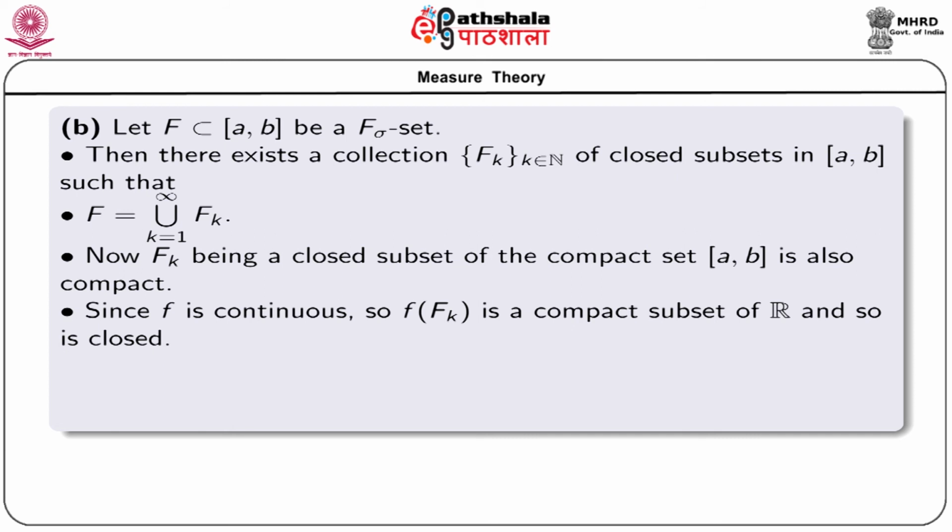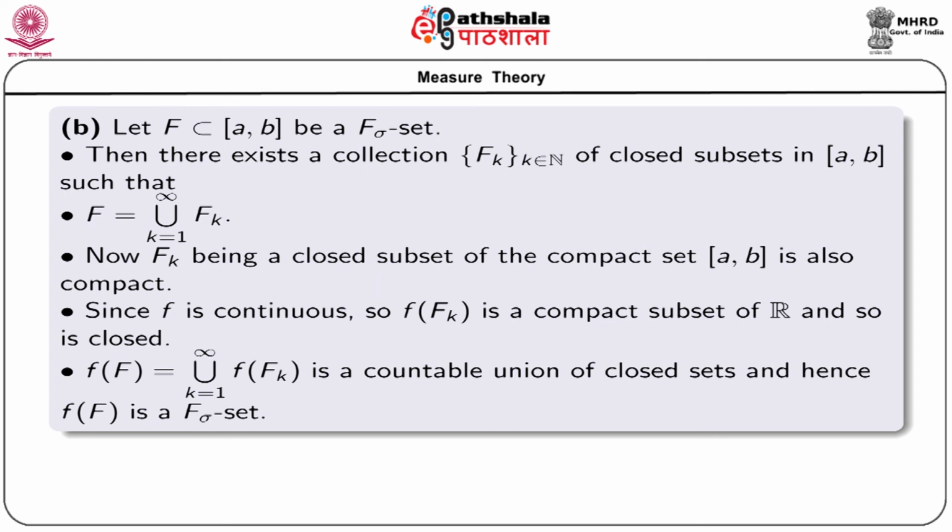f of capital F_k is also a compact subset of R, because we know that the continuous image of a compact set is again a compact set, and we know that a set is compact in R if and only if it is bounded and closed. So, f of capital F_k is closed.